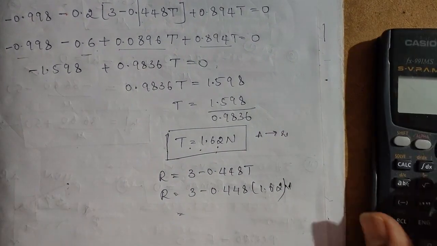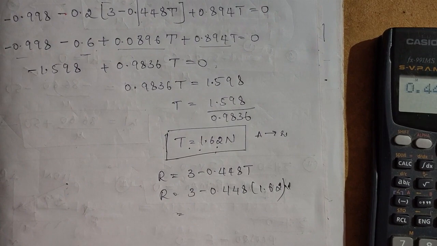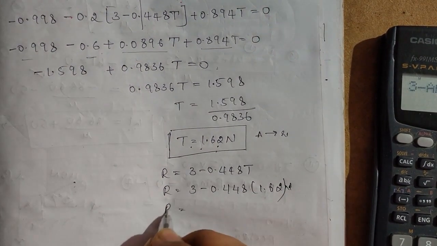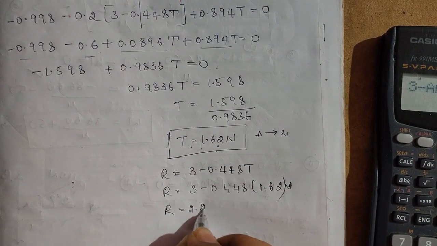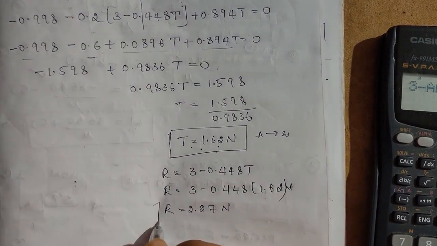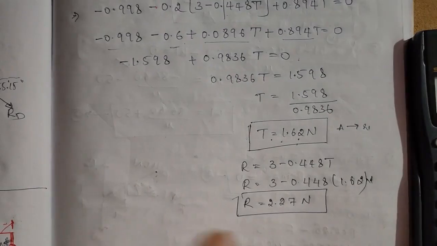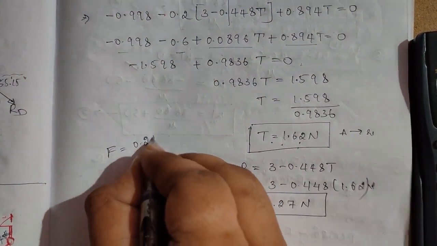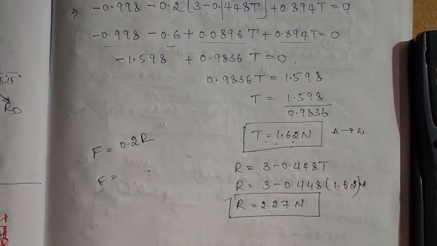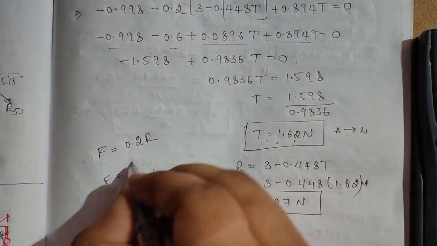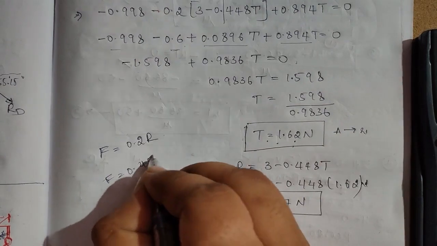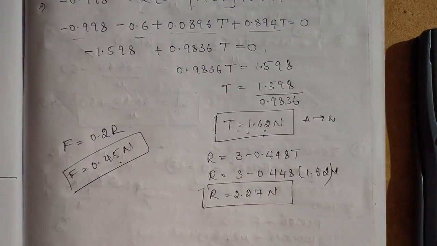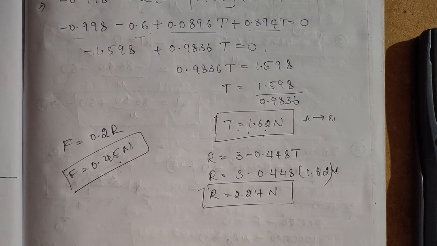So R value is 2.27 Newton. So if we got R, we can also find the value of F, that is 0.2 into R. So F is equal to 0.45 Newton.